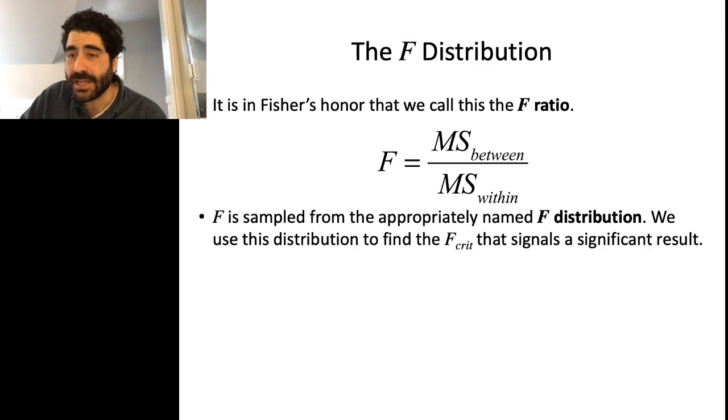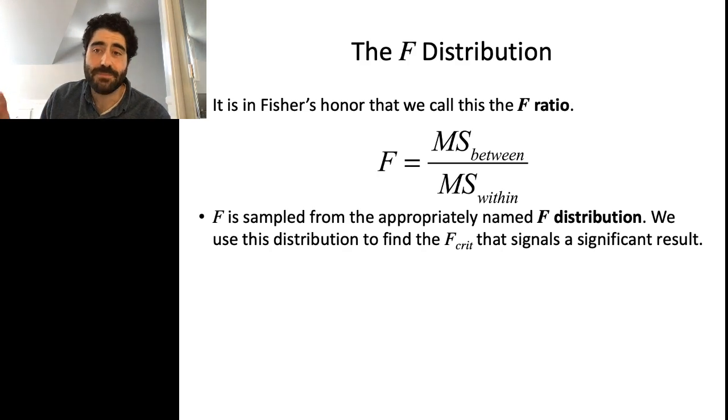If the null hypothesis is true, then this statistic is going to come from an F distribution. Just like the logic of all our hypothesis tests, we want to figure out the critical F value for us to reject the null hypothesis. If this F score gets big enough, meaning that the between group variability is a lot bigger than the within group variability, then we're going to reject the null.